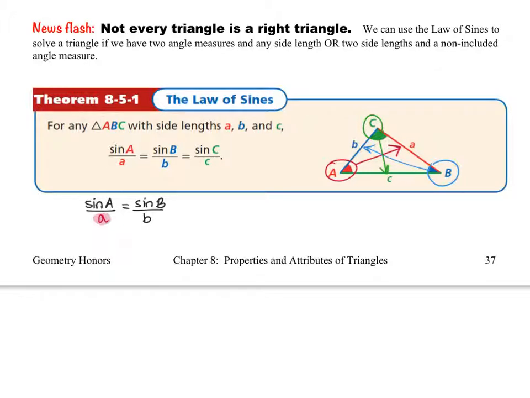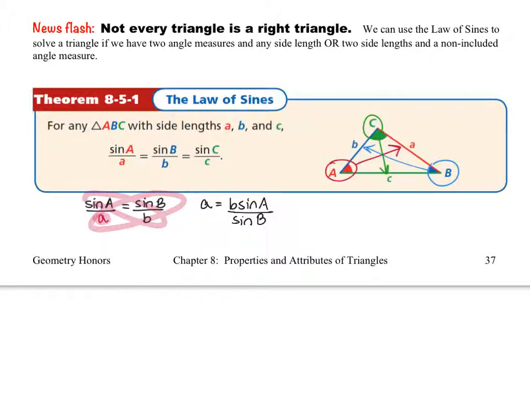We need to have three things that we know and only one that we don't know. That's how we solve a proportion, and that's how we're going to solve with the law of sines. When we're solving for side length A, we use cross multiplication, and we have A is equal to side length B times the sine of angle A divided by the sine of angle B.